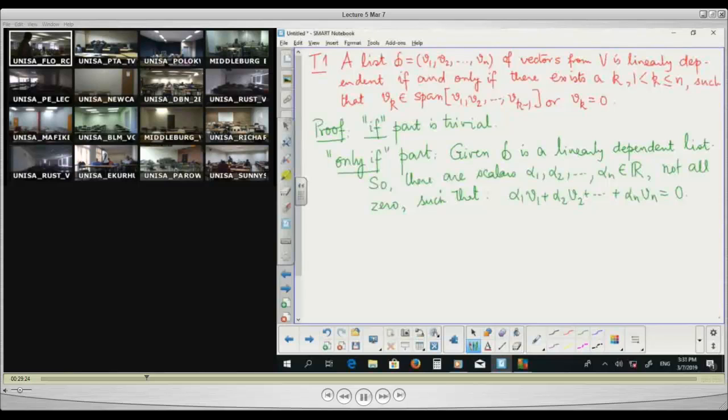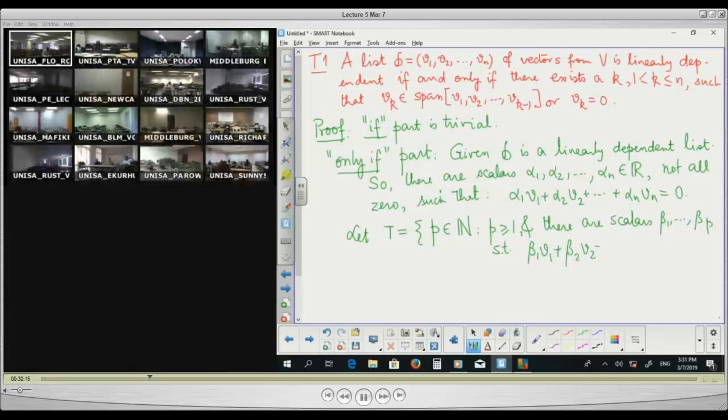So I take to this trick. Let T be the set of all natural numbers P such that P is greater than or equal to 1 and there are scalars such that... Okay?